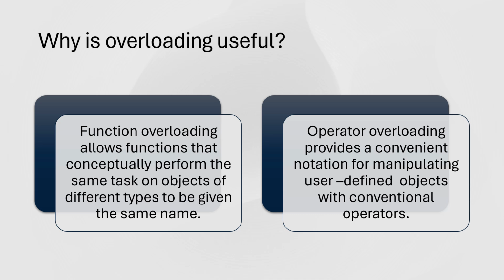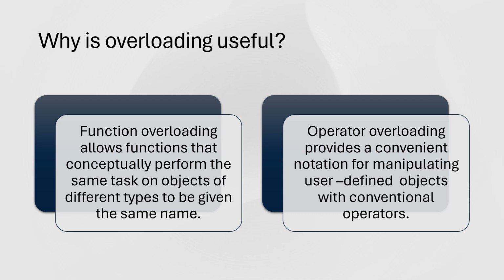Why is overloading useful? Why are we using function overloading and operator overloading? Function overloading allows functions that conceptually perform the same task on objects of different types to be given the same name.